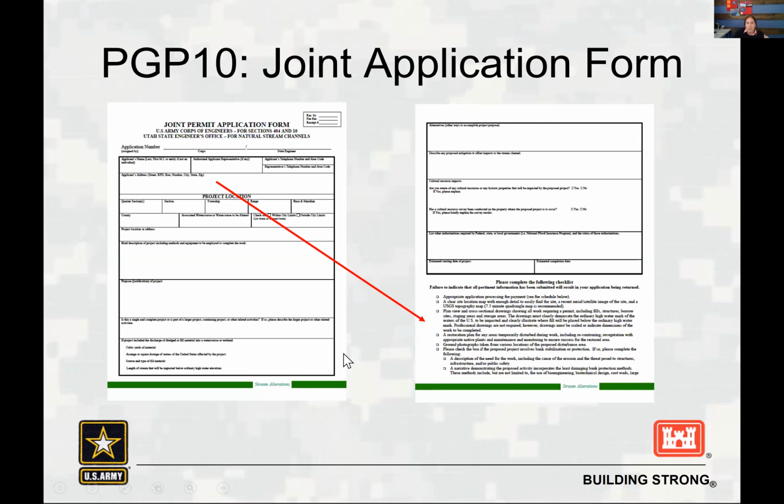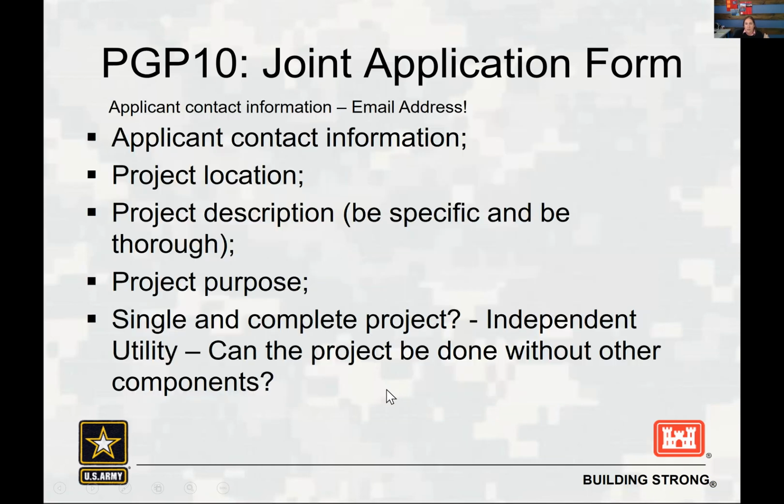When it comes to the joint application form, for us, it's really important that you understand that we need to get a complete application in order to process the verification. So our application form does not include one very important piece of information, which is an email address. I don't know if this form is really old or what happened when we came up with the form, but we don't have a space for an email address.